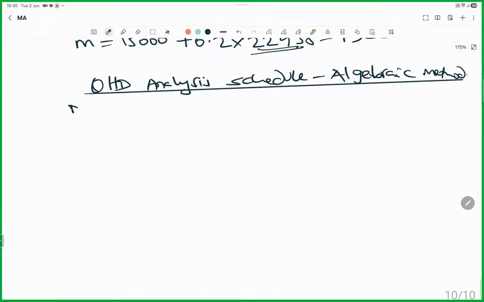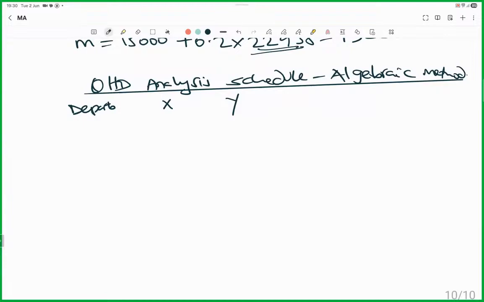So we have here departments, department X and Y. You don't have to bring the other departments here, no. Department X and Y.